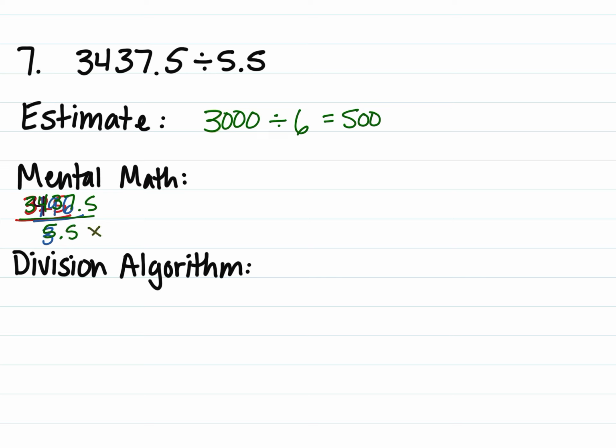This time we're going to multiply by a 10 to get rid of one decimal place. It will move it once here and once here. Now I'm going to multiply by 2. The reason I am choosing 2 is because 2 times 5 gives me 10, and so my answer will end in a 0. 55 times 2 is 110.